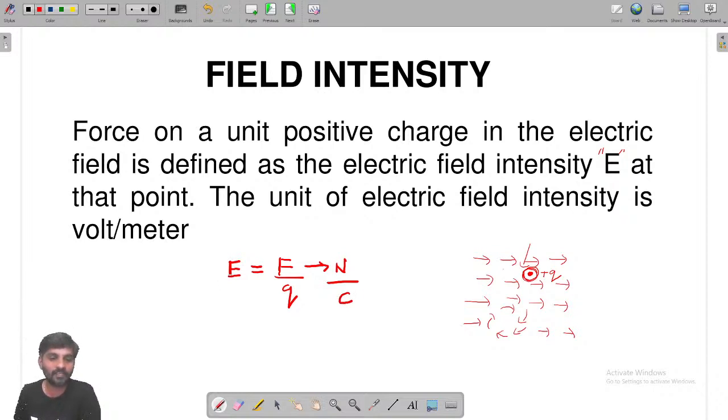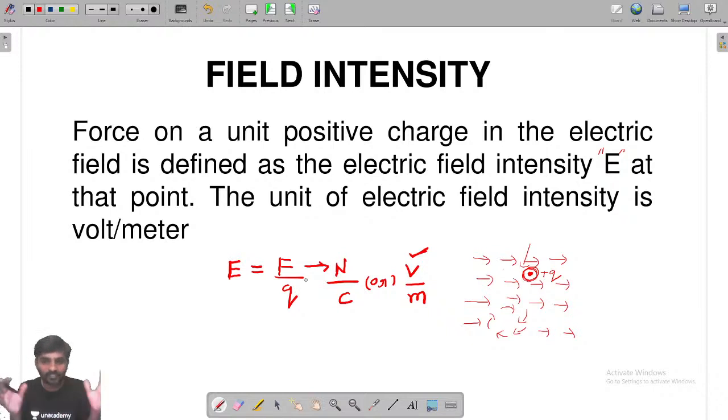So the electric field intensity unit will be either newtons per coulomb or volt per meter. Units are very important; you need to remember these units. E, the electric field intensity, is equal to F by Q, the force acting on a unit positive charge in an electric field. It is called field intensity.